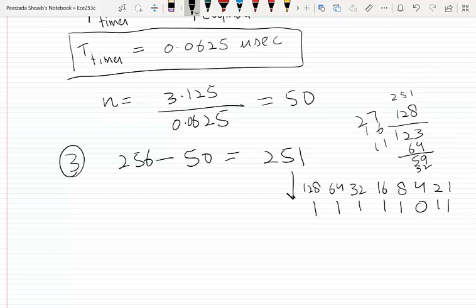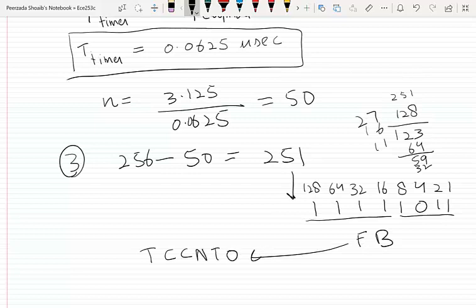This will be our 251, and in hex this will be F, and this is 8, 9, 10, 11. 11 is B, so FB. So this value will be loaded into the TCNT0 register.